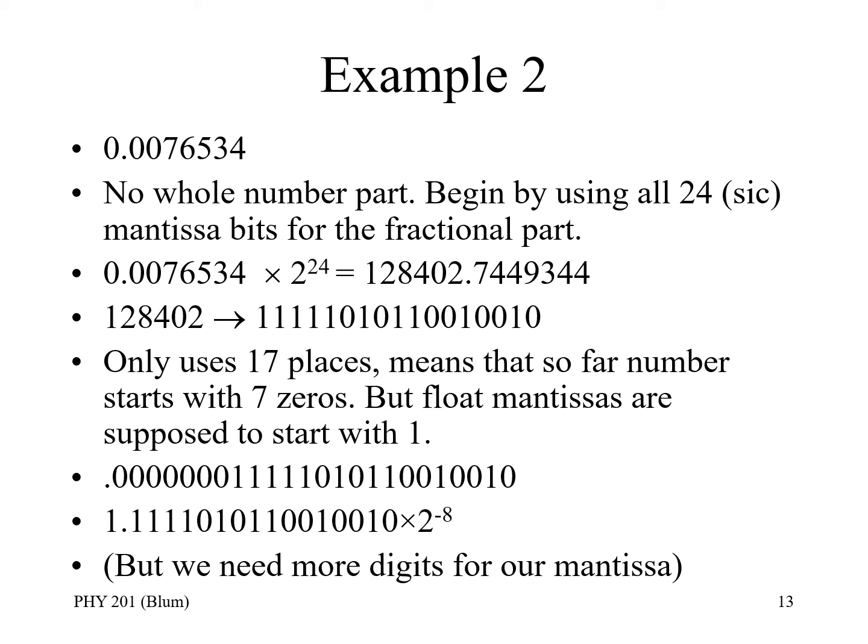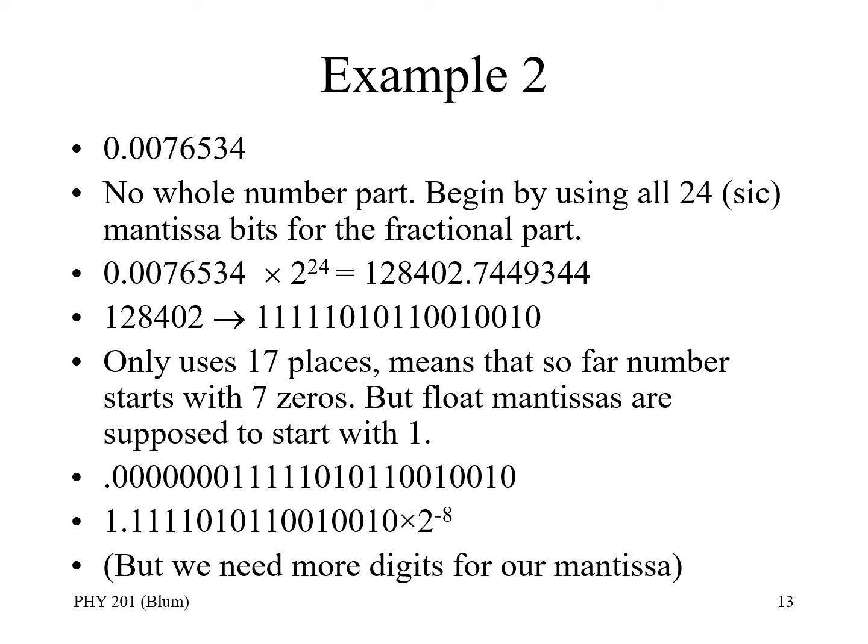So that was 128402, etc. And we take the whole number part, the 128402, and represent it in binary. And we see that it uses 17 places. So we expected to have a 24-bit fraction, and we got 17 bits, and so that tells us that there are 7 zeros in the front.